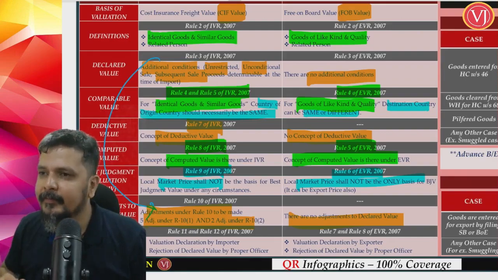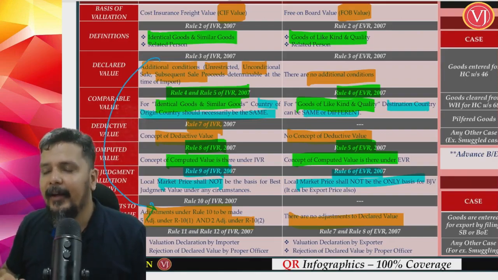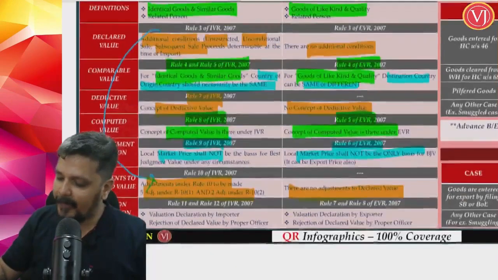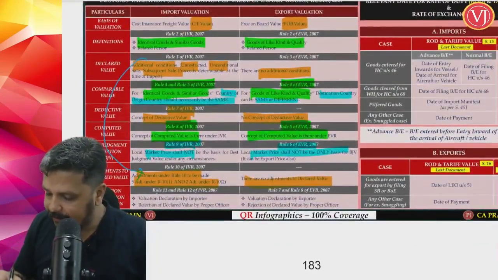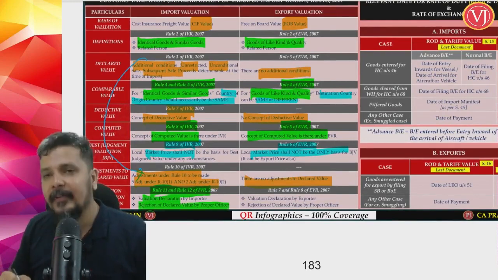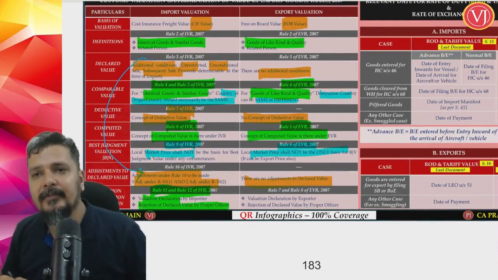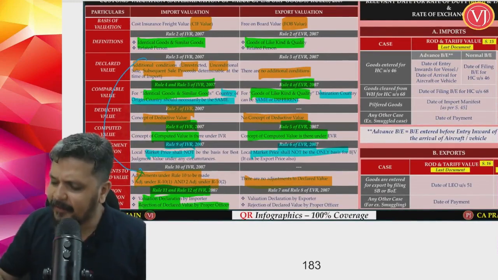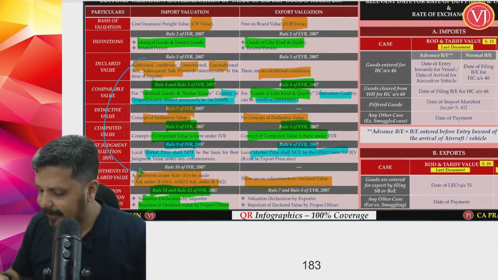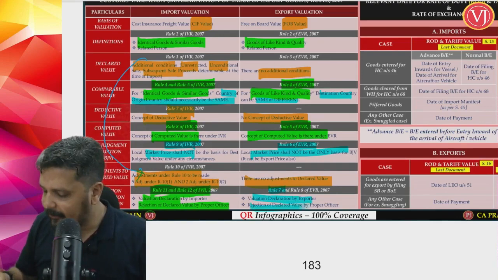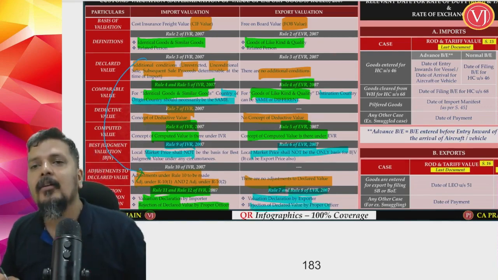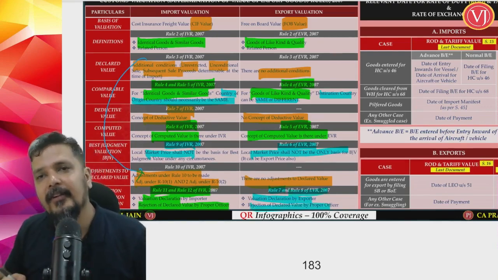That's it. In your import valuation, the importer has to give a valuation declaration under rule 11 and the officer can reject your value under rule 3 based on rule 12. Likewise, there the exporter has to give a valuation declaration under rule 7 and the officer can reject your value under rule 3 based on rule 8 rejection.